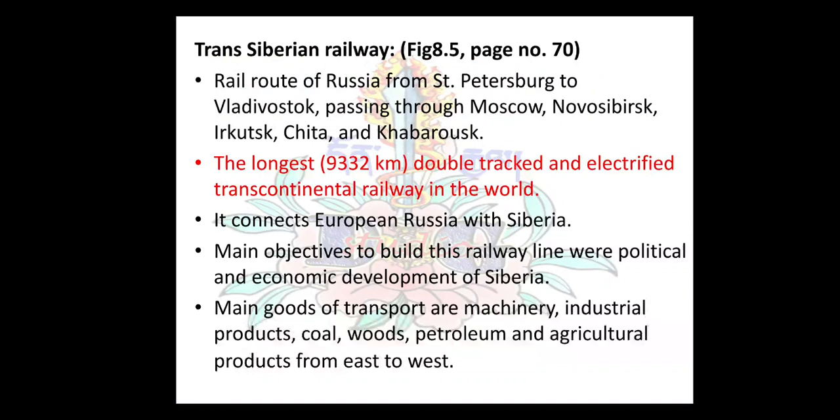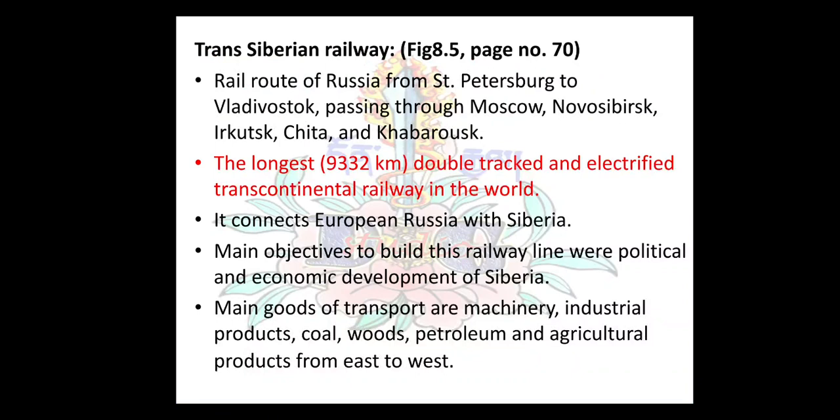This particular railway line is in Russia. It connects two end points of Russia, from St. Petersburg to Vladivostok, passing through important cities such as Moscow, Novosibirsk, Irkutsk, and Chita. These are the intermediate stations of the Trans-Siberian railway line.